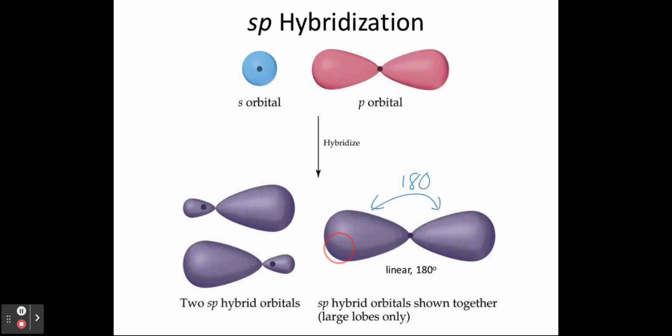You'd have an atom here overlapping with this orbital to form a bond, and then an atom over here forming a bond here. And so you'd get 180 degrees. The electrons from this bond would be on this side, and the electrons in this orbital would be on this side, forming a bond. And so you get this 180 degree shape. This would be a linear molecule.